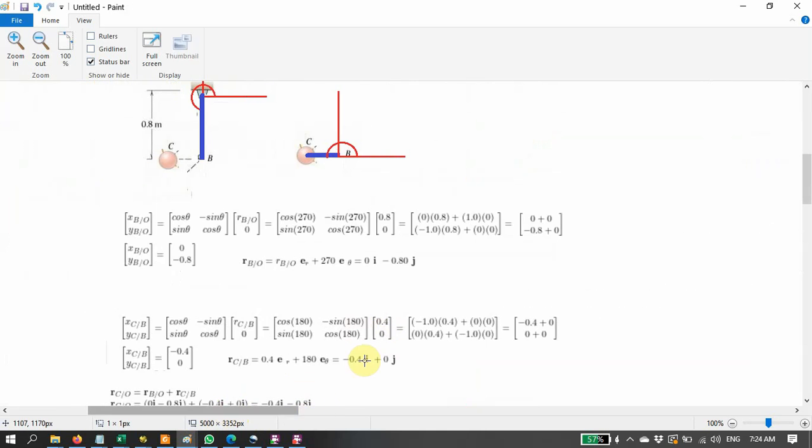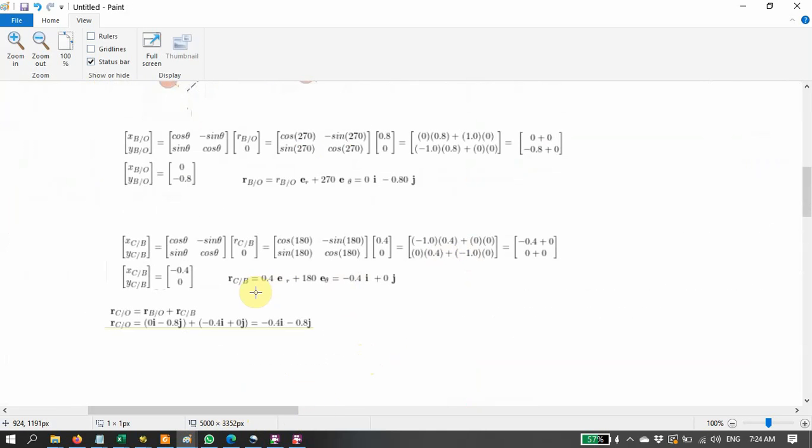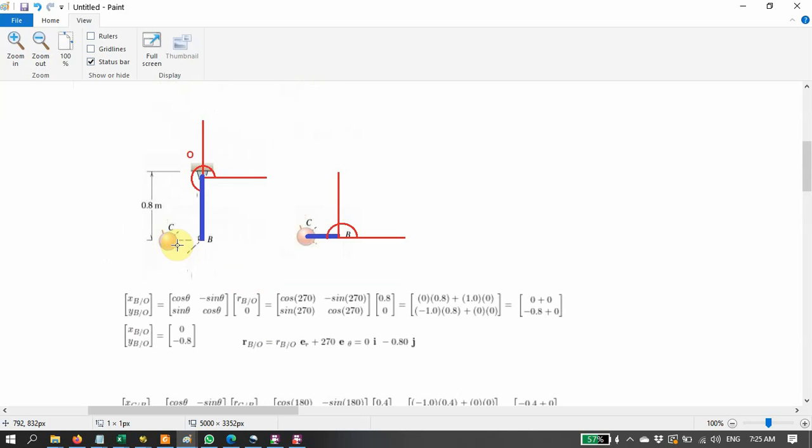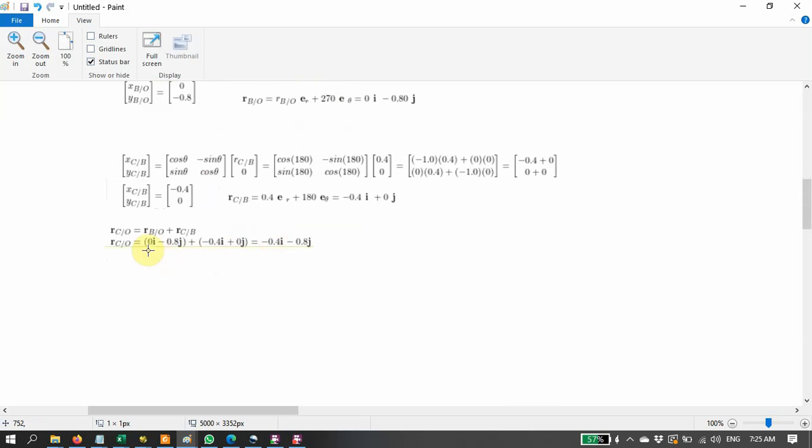Then we can get the position vector of C relative to B in the polar coordinate system: 0.4 meters in r and 180 degrees in theta. The xy components are minus 0.4 meters and 0 in y direction. So from here we can get the absolute position of C with respect to O, which is minus 0.4 i and minus 0.8 j.